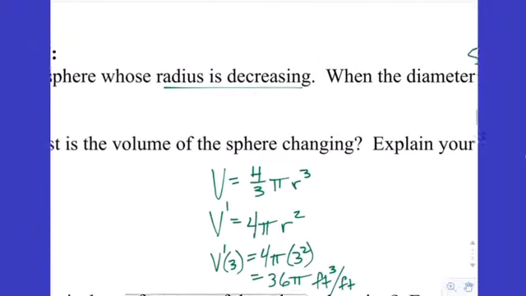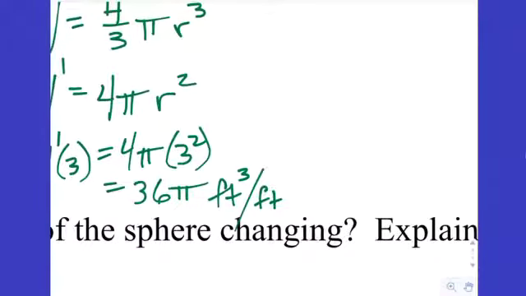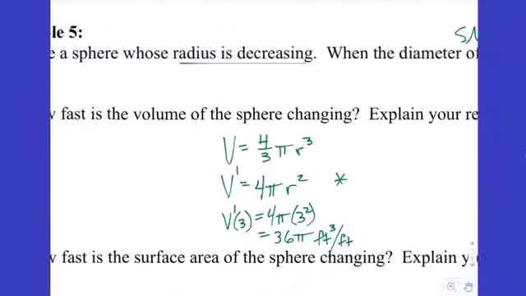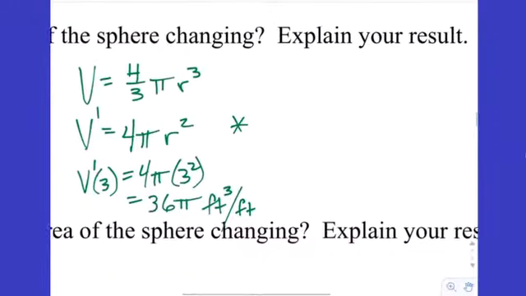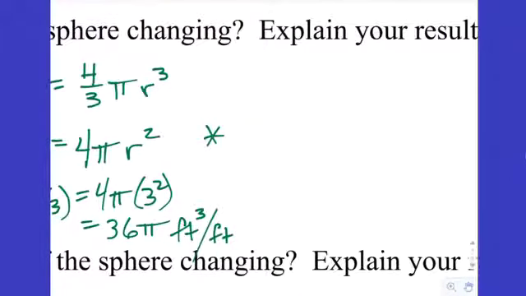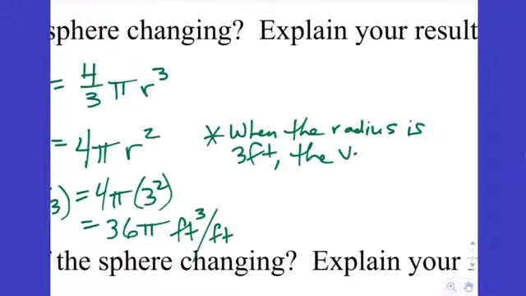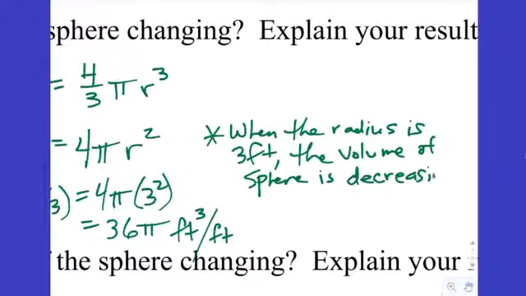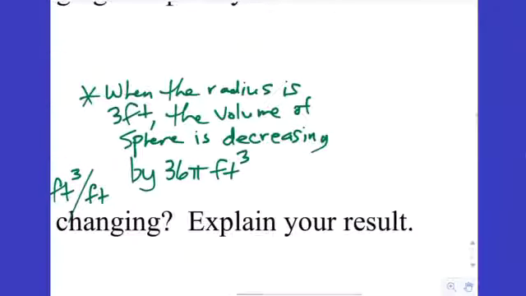And because the radius is decreasing, we could actually say this. Let's write the sentence. It's not a negative number, but because we know the radius is decreasing, we know that the volume has to be decreasing too. So when the radius is 3 feet, the volume of the sphere is decreasing by 36 pi cubic feet per foot.